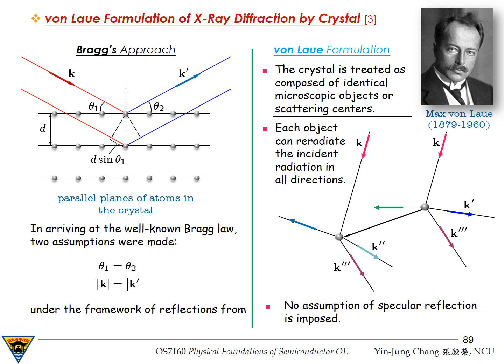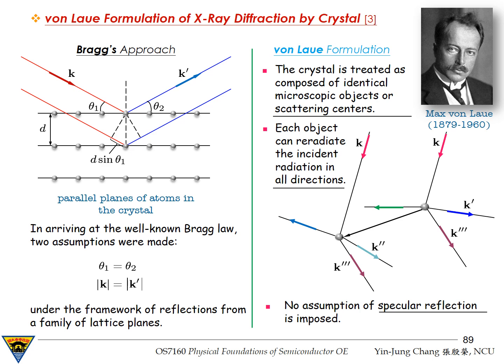So the von Laue approach differs from the Bragg approach in that no particular sectioning of the crystal into lattice planes is performed, and no assumption of specular reflection is imposed. This in reality comes from the fact that microscopic objects can scatter the incident beams or waves in all directions.